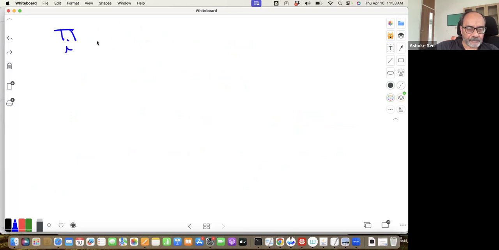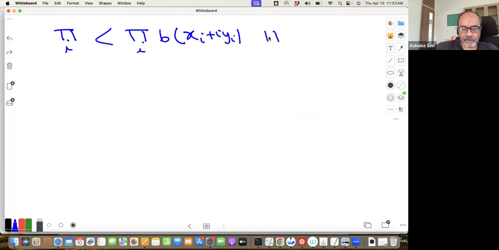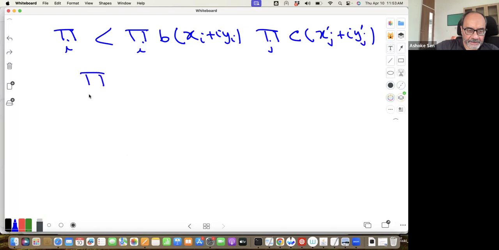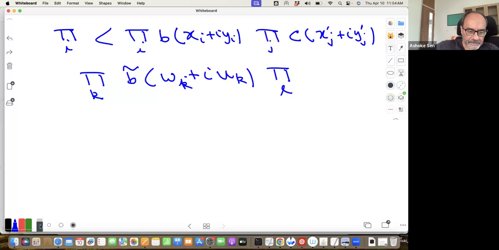Suppose you have a product over i of B of x_i plus iy_i, product over j of C of x prime j plus iy prime j, product over k of B tilde of w_k plus iu_k, and product over l of C tilde of w prime l plus iu prime l.